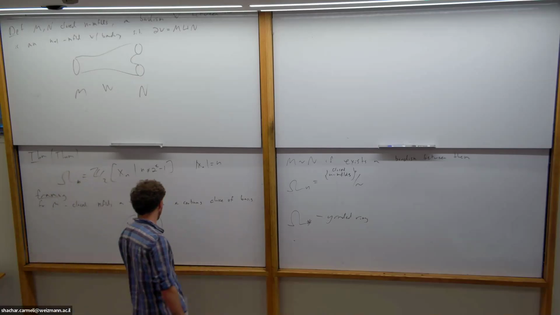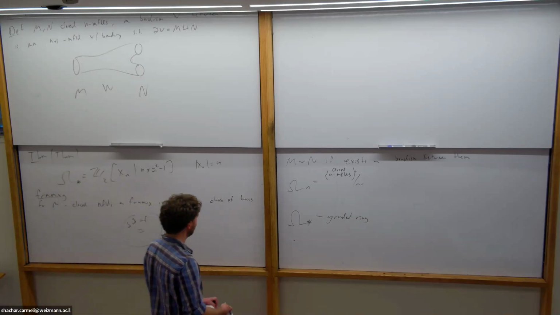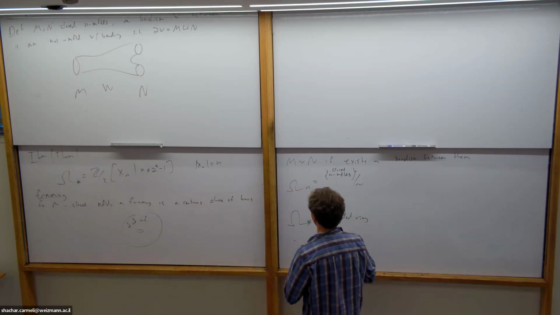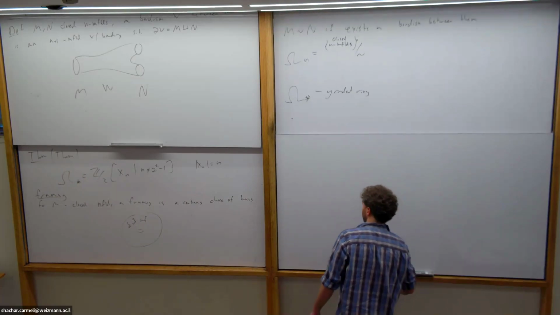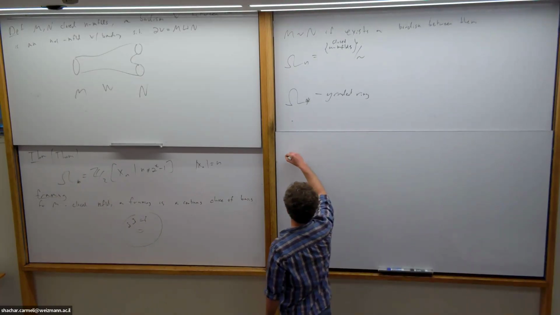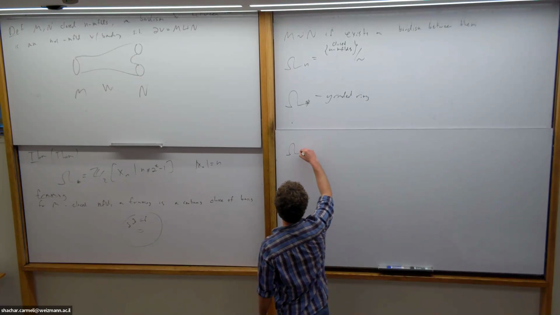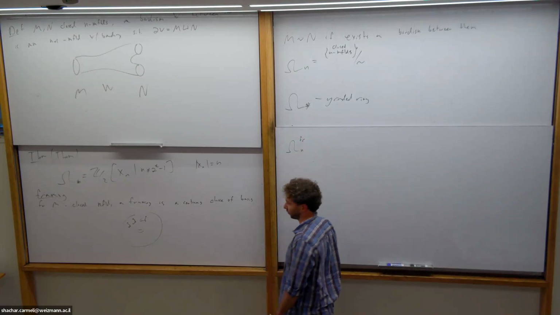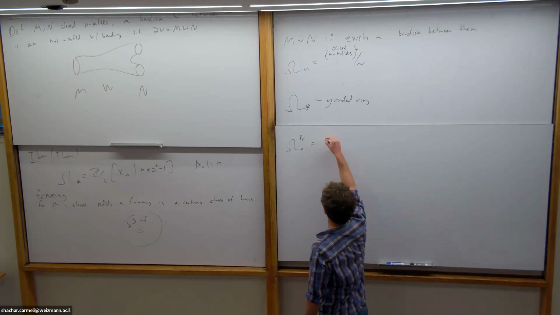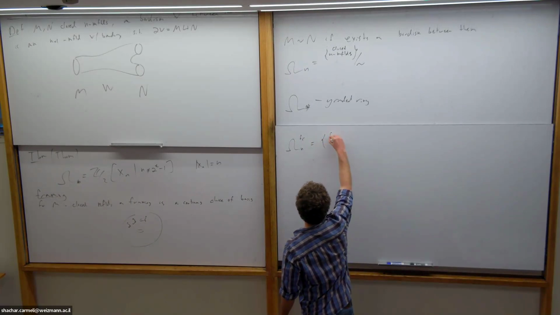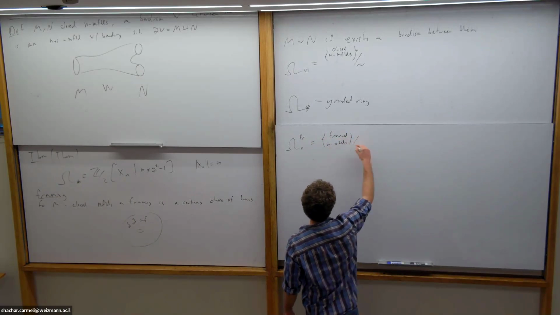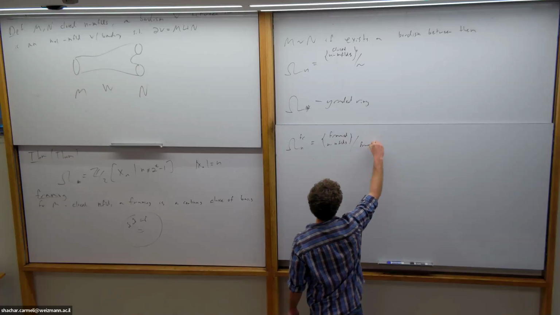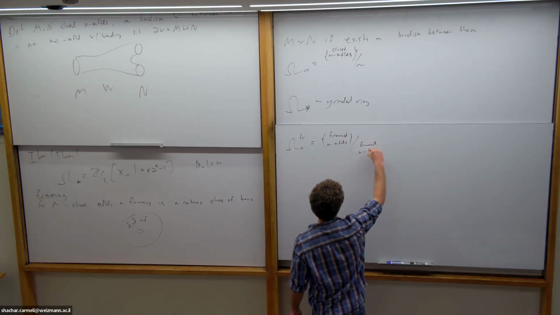So this is an extra structure on a manifold, and we can consider Omega_n with a framing, which is framed n-manifolds up to framed n-bordisms.